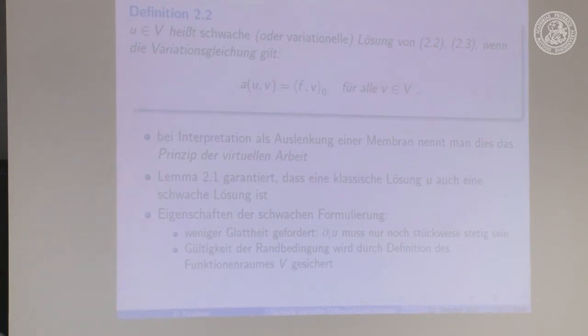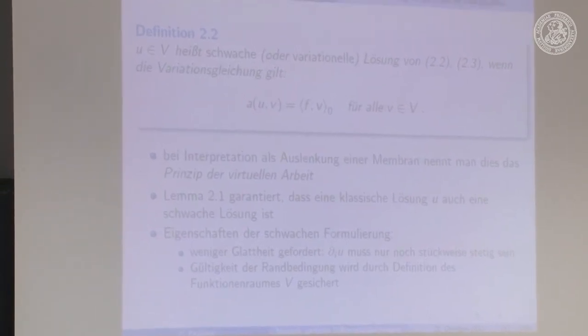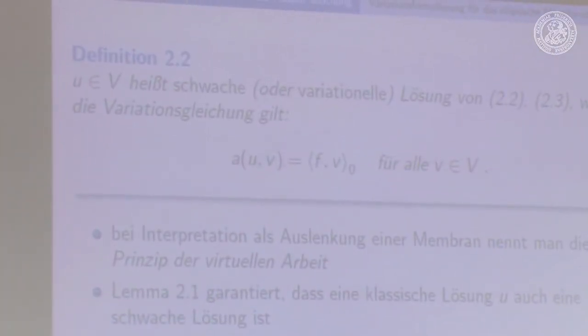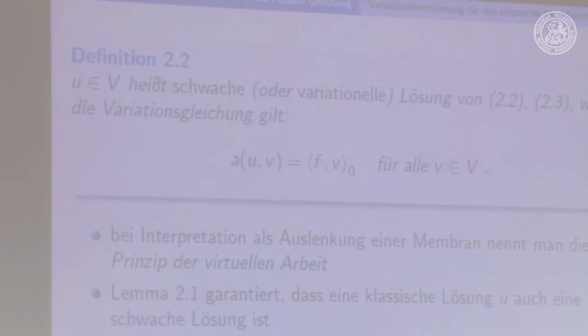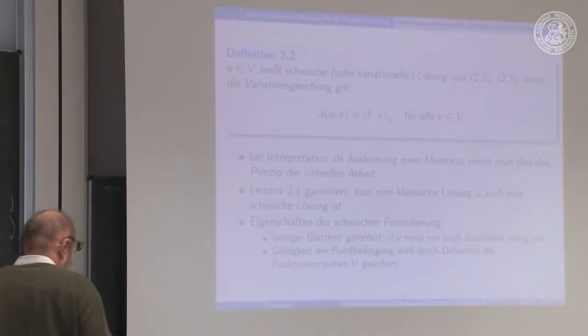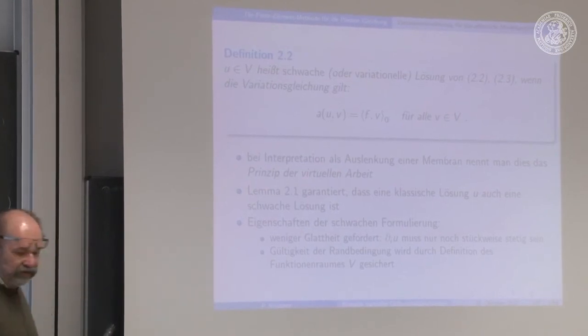And this gives a new name. We call an element from capital V a weak or a variational solution, schwache oder variationelle Lösung, if it fulfills the variational equation, die Variationsgleichung. This also has a corresponding physical interpretation in all those models which we have discussed.